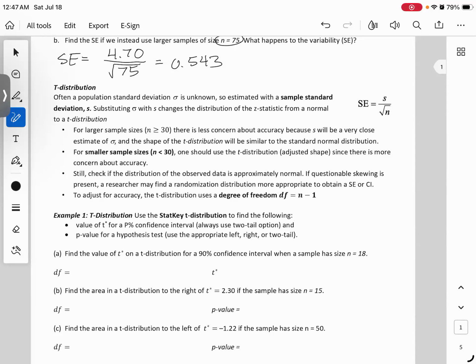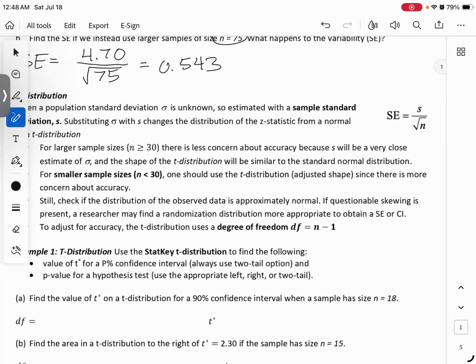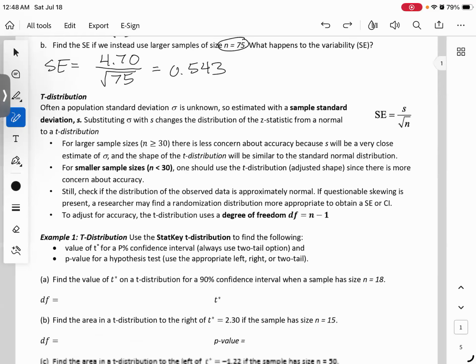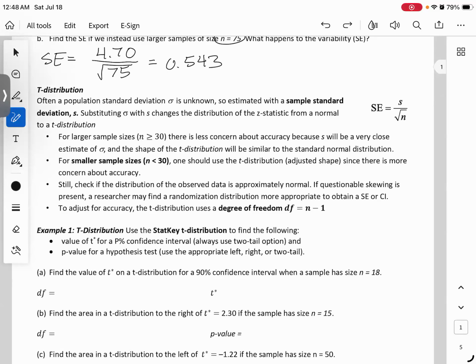But what if you ever were doing a sample where you're only able to get maybe 20 people in your sample or only 10? If that ever happens, then the shape of your distribution might not be as close to the normal distribution as you would hope it to be. So what they did is they invented something known as a T distribution.